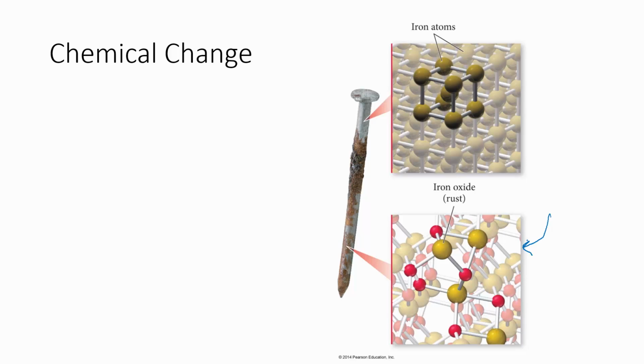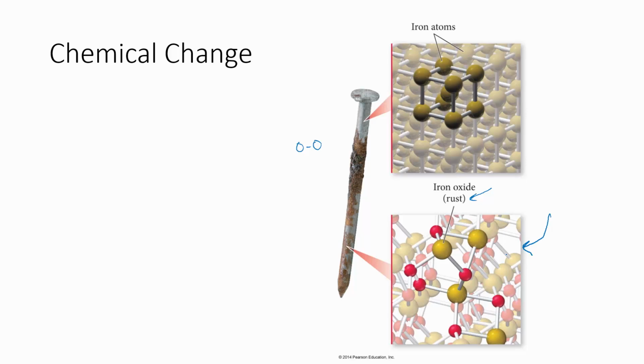So in this case, we're looking at an example of iron atoms within a nail, and that same set of iron atoms, after they have combusted or rusted, as we more typically call it, into iron oxide, which is rust. So in this case, the oxygen molecules that are floating around as part of our air have combined and become part of the chemical structure of this particular object.